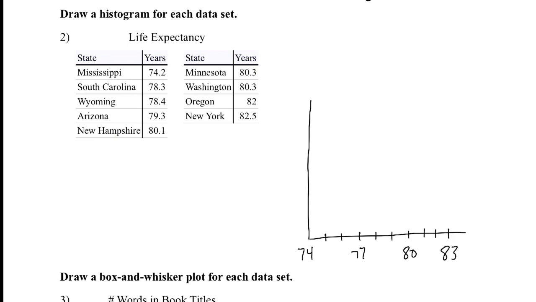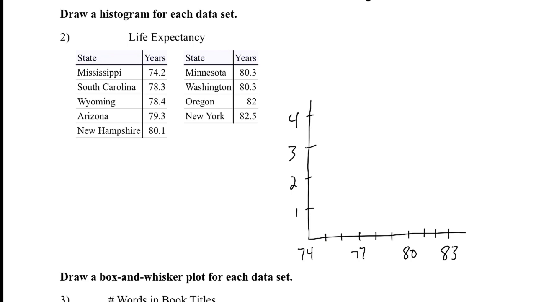And over here on the side, we're going to count up how many of each there are. So between 74 and 75, we just have the 1. So we fill in like this.